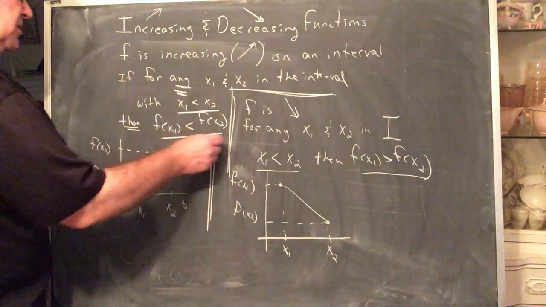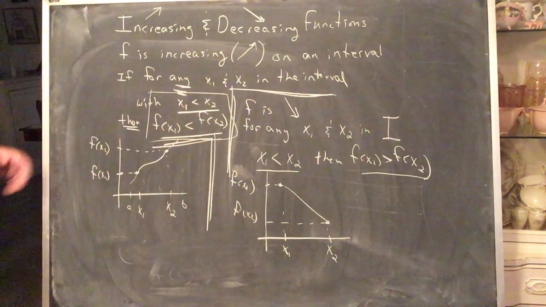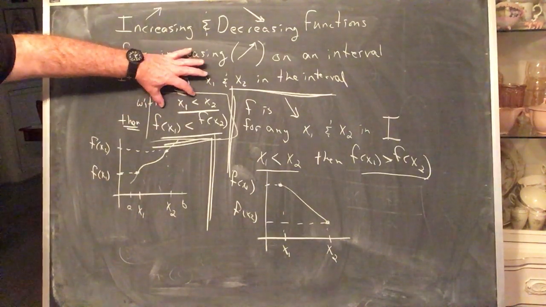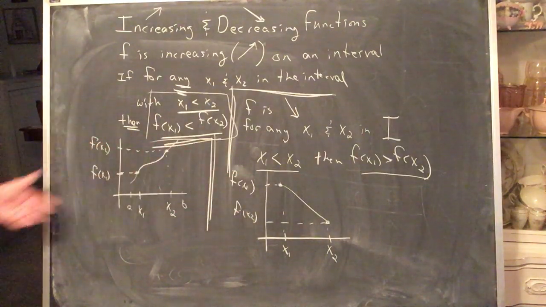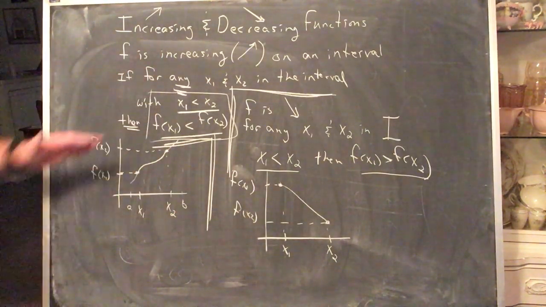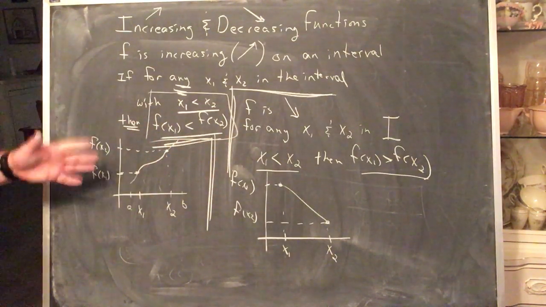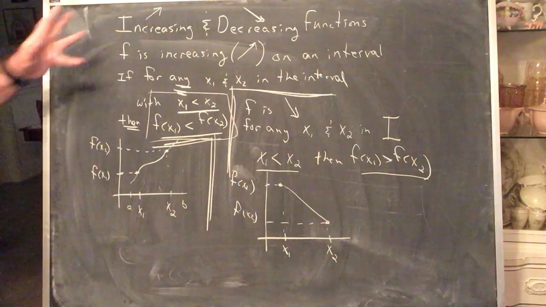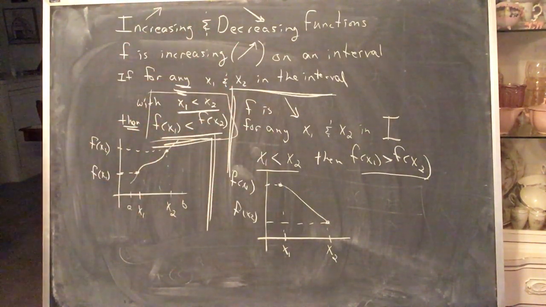So the official statement of increasing, decreasing has to do with these inequalities. But we can see that even though those statements look very technical, they actually describe what we understand to be, in the ordinary sense, what we mean when we say increasing, going uphill, decreasing, going downhill. So the next thing we're going to take a look at is, how do we analyze the increasing and decreasing of a function?